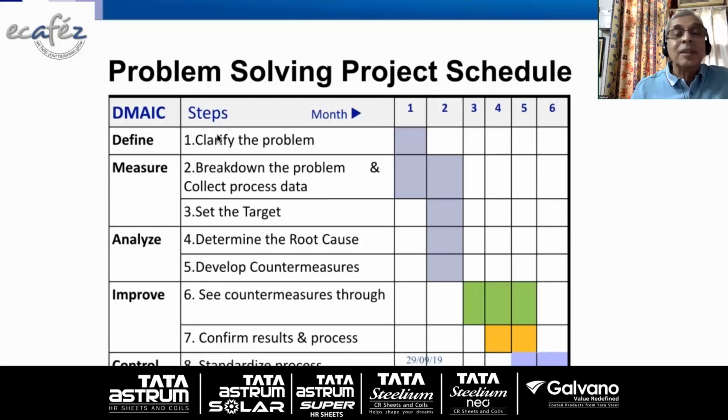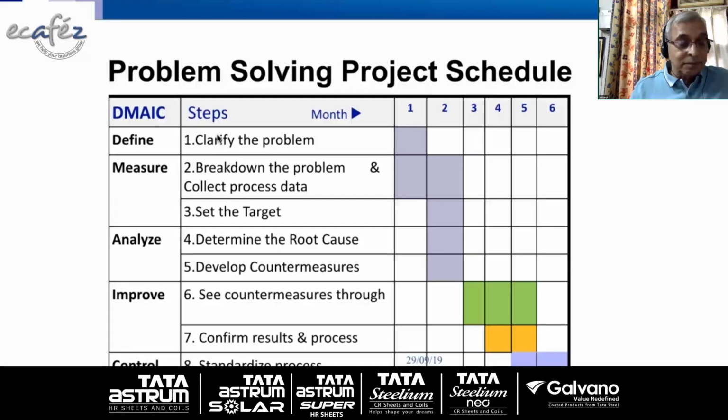After learning the DMAIC technique, a 6-month schedule was made for how define, measure, analyze, improve, control, and the 8 steps would be done. It was prepared step by step, to be followed by the team members.